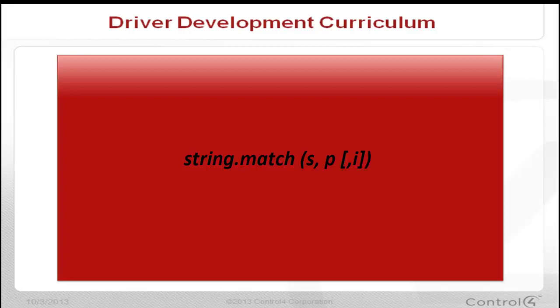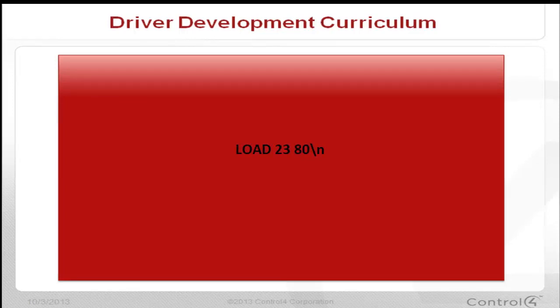Let's take a look at a few examples of using string.match in a light driver to see how it works. Let's assume that we've received an ASCII string from a light device, such as a dimmer, that looks like this. We know from reading our protocol documentation that data strings coming from this particular light device begin with a notification followed by a space, then a load number followed by a space, and finally the current load level.